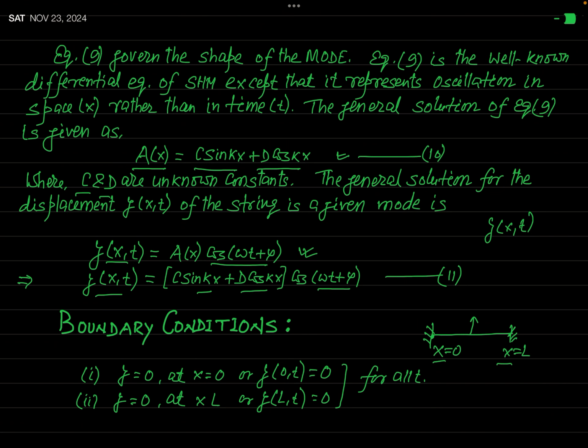So let us see, I have written the first boundary condition: y = 0 at x = 0. In other words, you can also write it in this manner, y(0,t) = 0. Here 0 has been written in place of x.